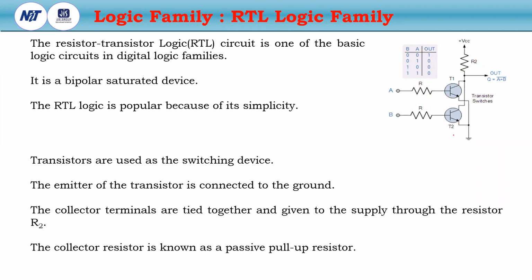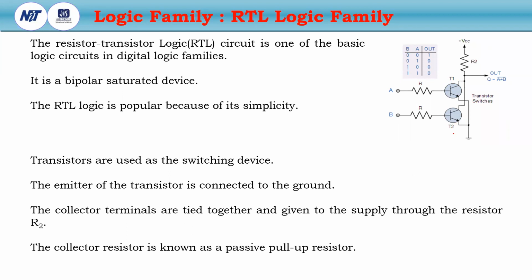This is very popular because of its simplicity. The transistors are used here just like a switching device. It switches on when the transistors are in saturation mode, and it switches off when they are in cutoff mode.